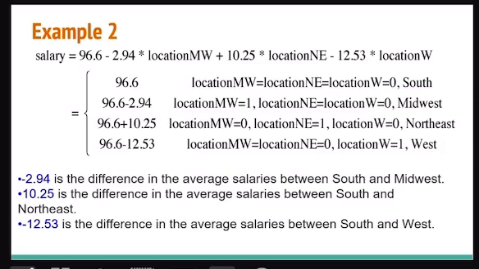I want us to look into this example. We have two categorical predictors. Let me first start with one. This categorical predictor has four levels. We're talking about geographical location in the United States, according to the U.S. Census Bureau.